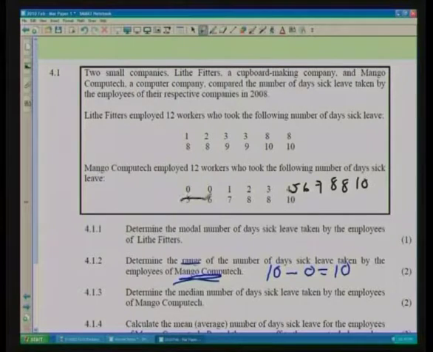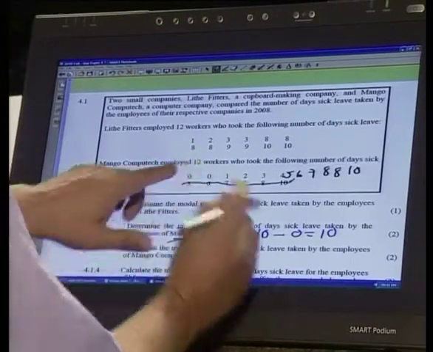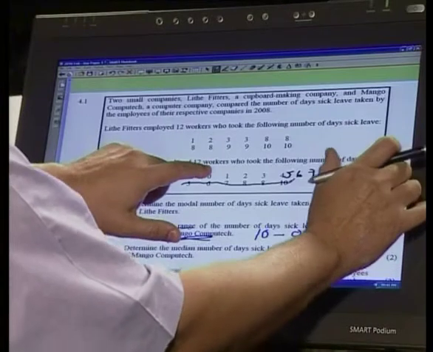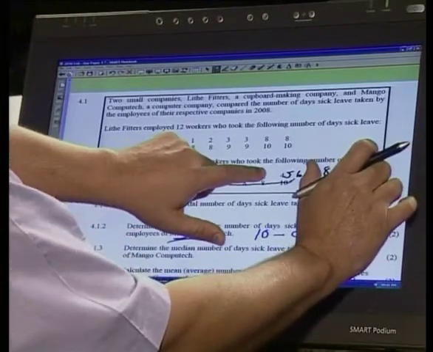So I've got 0, 0, 1, 2, 3, 4, 5, 6, 7, 8, 8, and 10. Let's find the middle one. So to find the middle one now, we're going to cross some figures off and work our way through to the middle, disregarding those figures on the end. So we're going to say, let's cover up that 0, that 10, that 0, that 8, that 1, that 8, that 2, that 7, that 3, that 6.